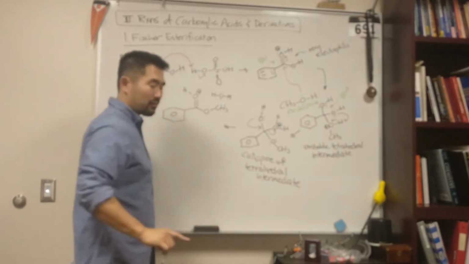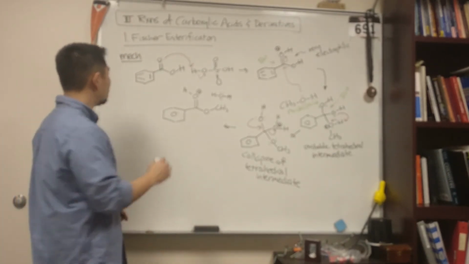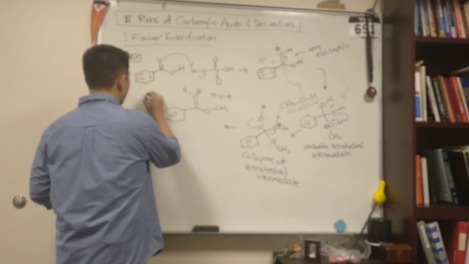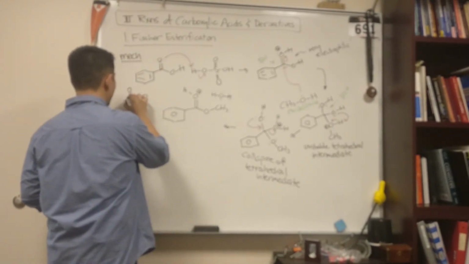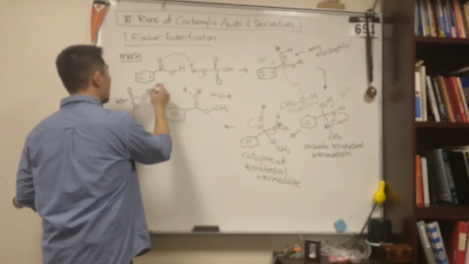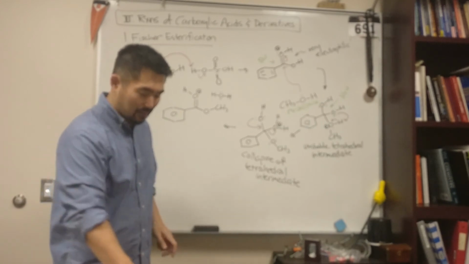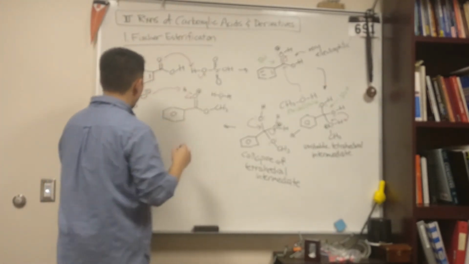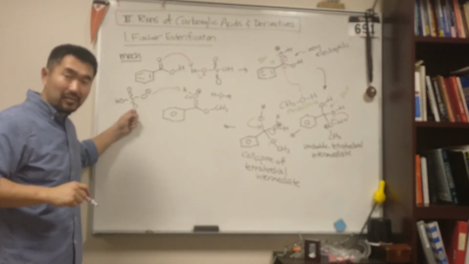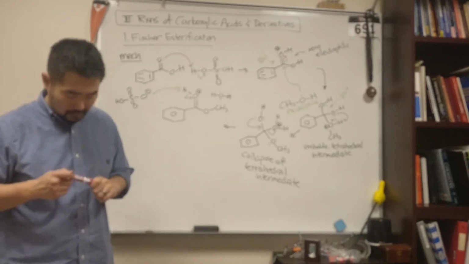And we just spit out water. That's a water leaving group. And once that water, or the sulfuric acid, or I should say bisulfate, that we used at the beginning, if one of those picks up the proton like so, what do we get? We get to regenerate the catalyst, because remember, catalysts do not get consumed in a reaction.